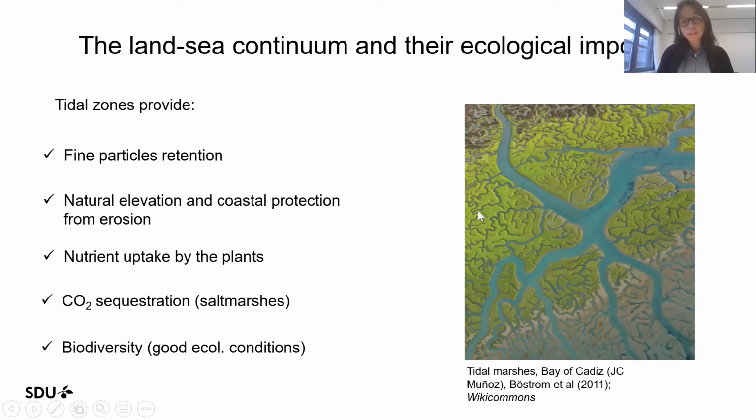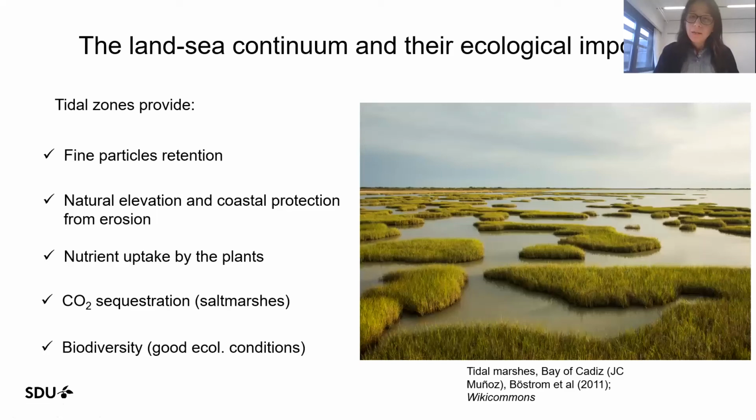So here on the right, you can see the tidal marshes in the Bay of Cadiz, how vegetated they are, with so many creeks and tidal channels, and they provide a lot of habitat for animals, fish and birds. And here's just a photo of a salt marsh in the landscape in balanced conditions, how they should look. This is a picture from the USA.